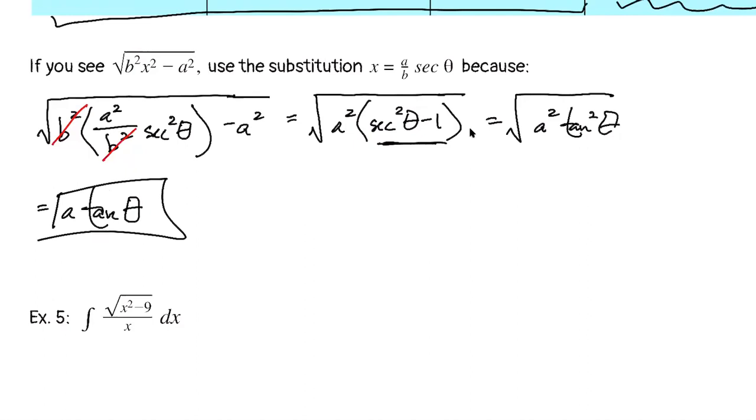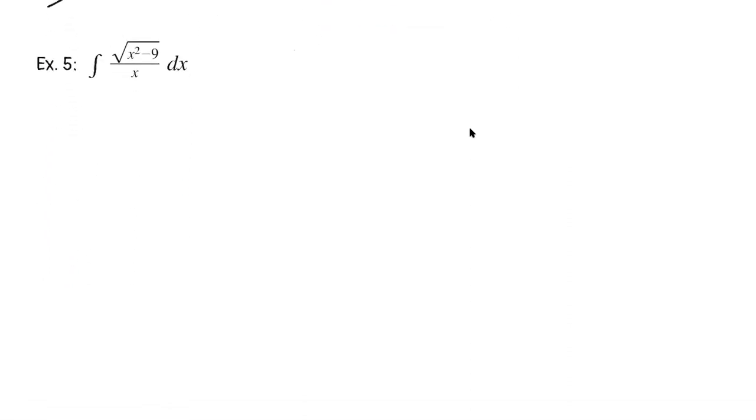And so in this case, a nice shortcut that we can use is when we see the square root of x squared minus a number, we can immediately substitute in a tangent theta, okay? So let's see how that looks in example number 5.